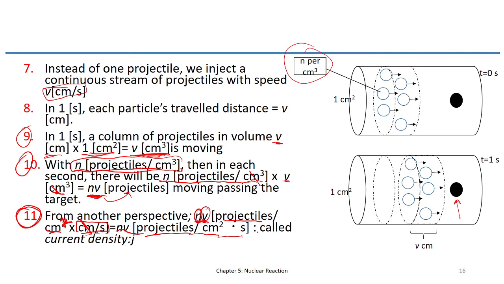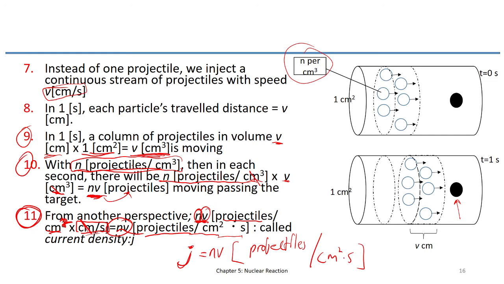This nv is called current density, with symbol J. So J is equal to nv. The unit is projectiles per square centimeter per second, and J is called current density.